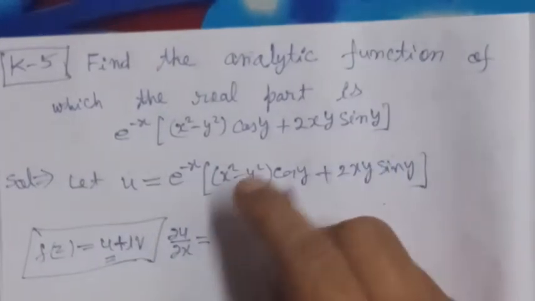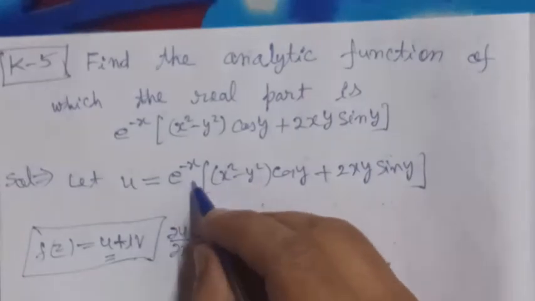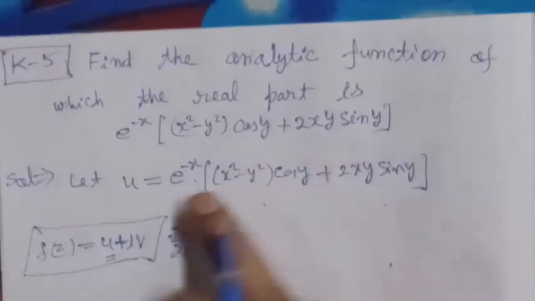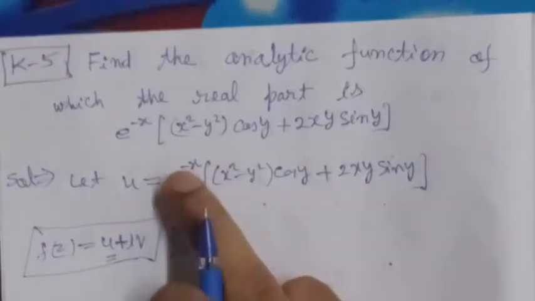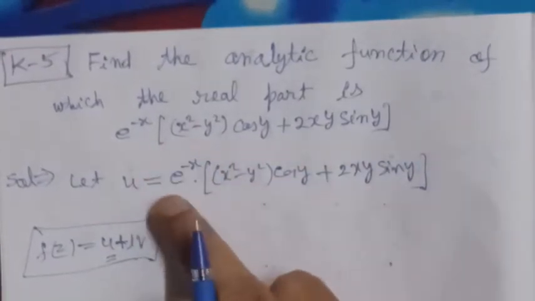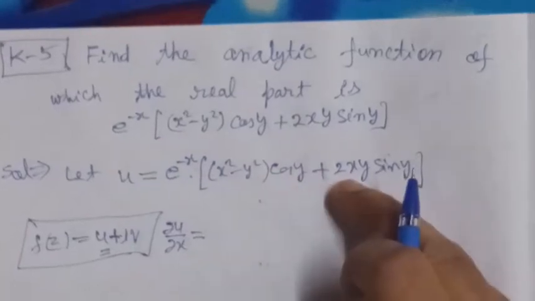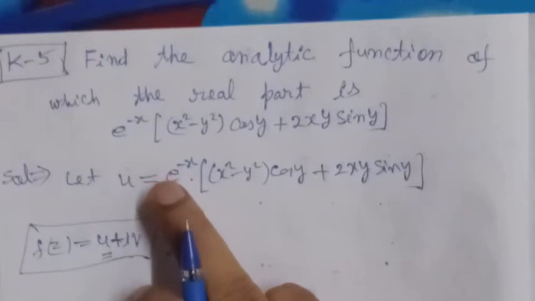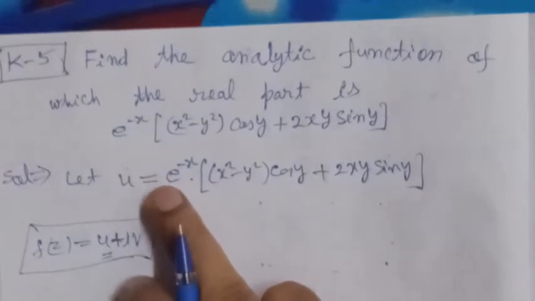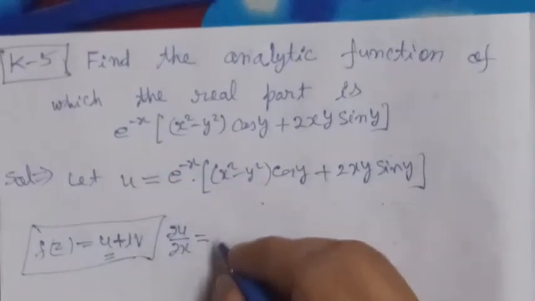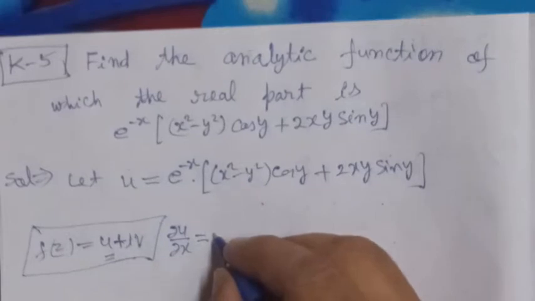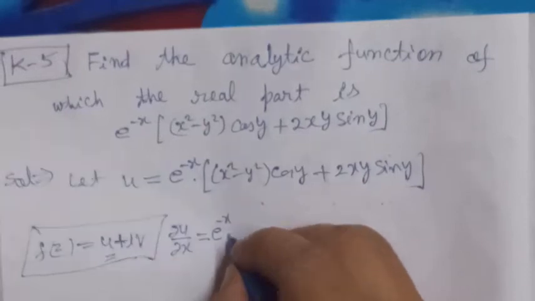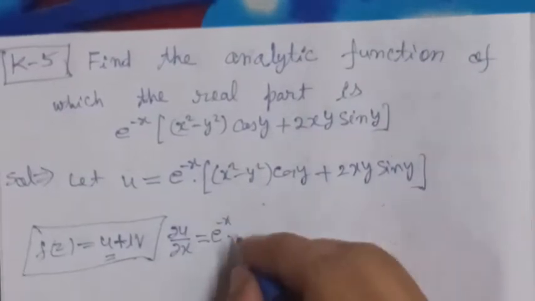Here we see that e to the power minus x and this bracket are two functions. We can consider e to the power minus x as the first function and this as the second function. So we differentiate the product of two functions as first function as it is, differentiation of second.